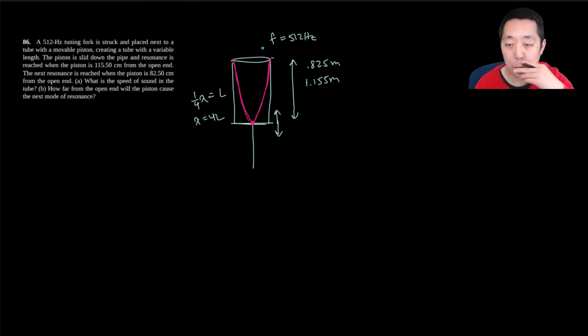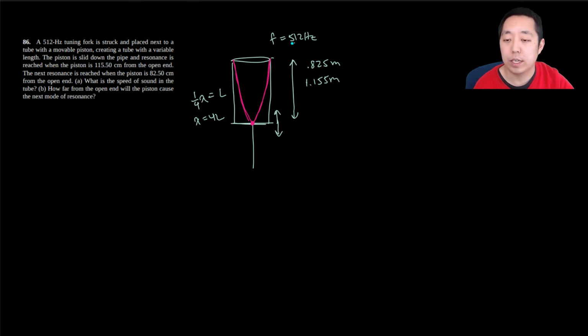Now, maybe think of it the other way. As I stretch it out, I can fit more of these in here, and the resonant frequency is going to change. So I have 4L, I have L, I have the distances here.